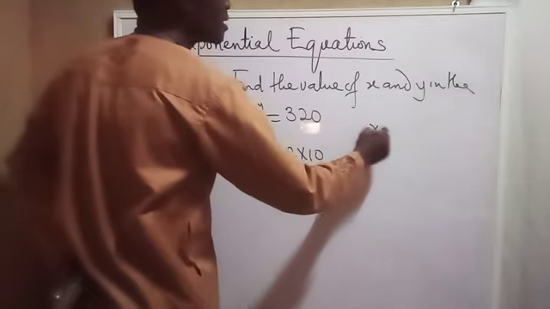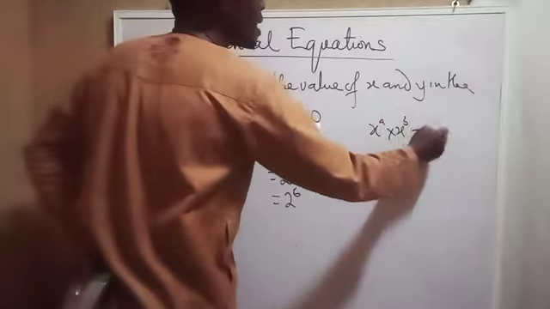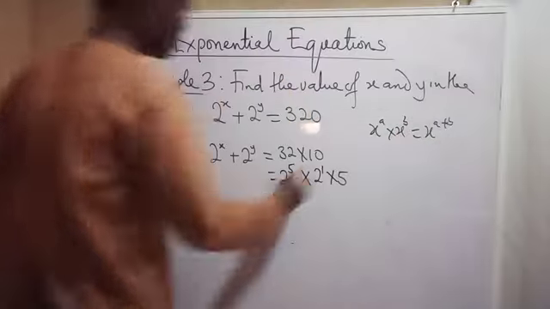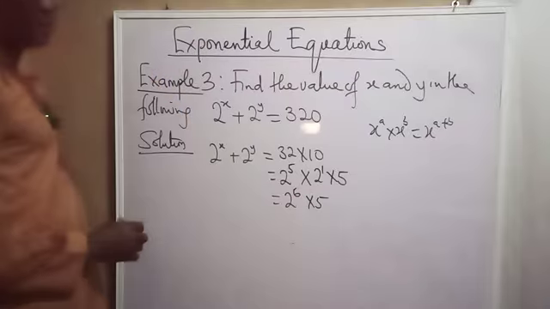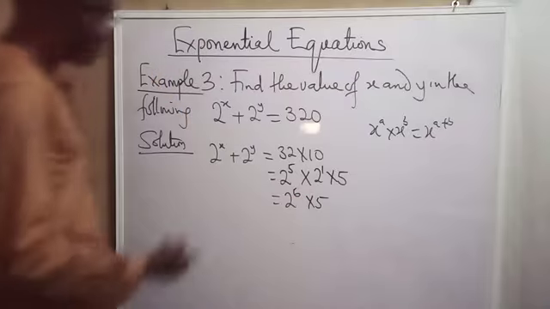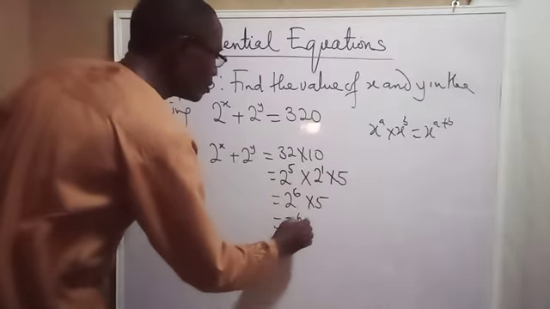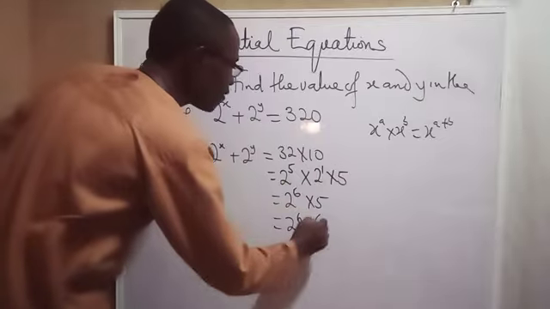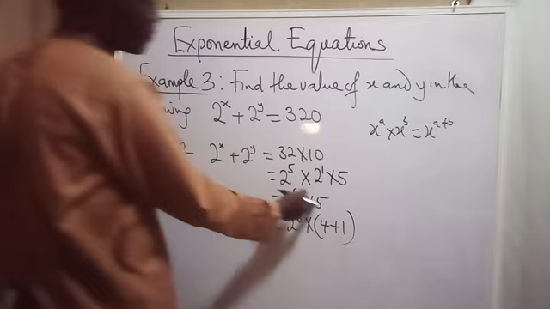Remember, according to the law of indices, x raised power a times x raised power b will be x raised power a plus b. Okay? Then multiply by 5. So this 5, you can still do something about it. How? Let's say this 2 raised power 6 now multiplied by 4 plus 1. Why do we use 4 plus 1?